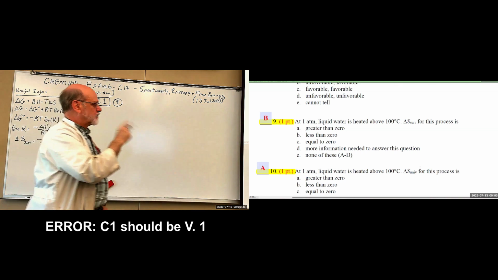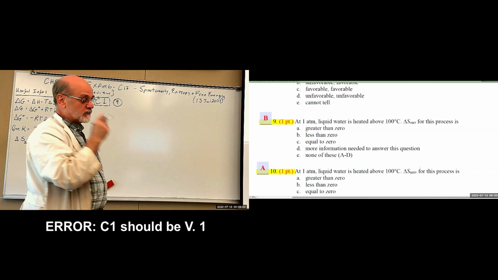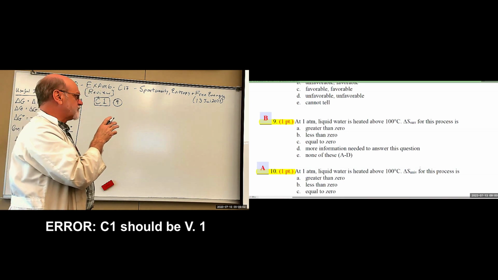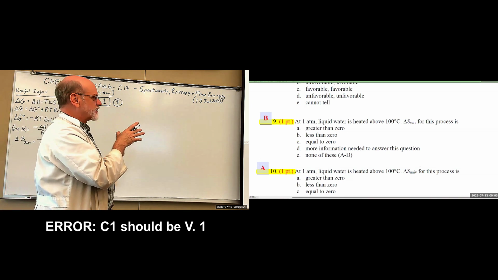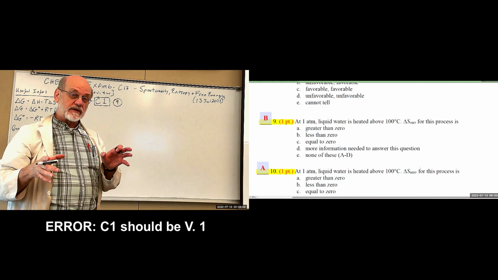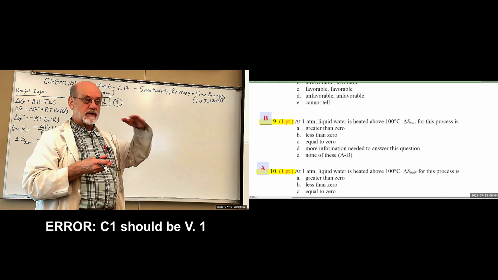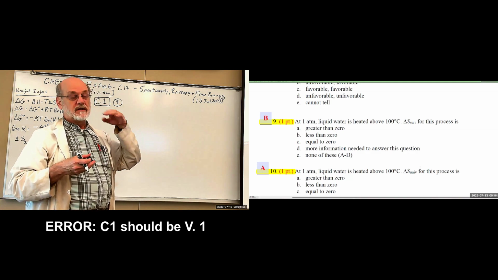The reason I put this one in here, and 10 also, is that at 1 atmosphere and 100 degrees, we would expect water to be boiling. And that would be an equilibrium situation where delta G is 0.